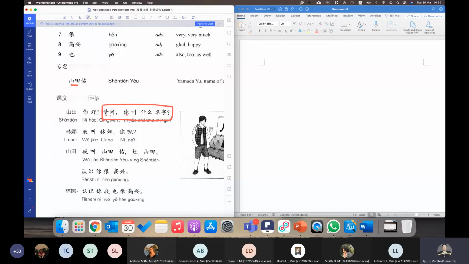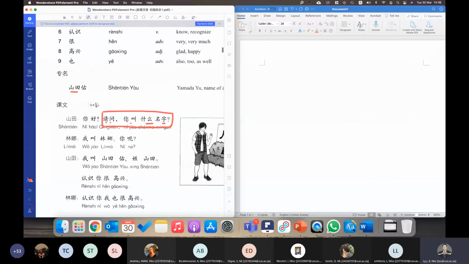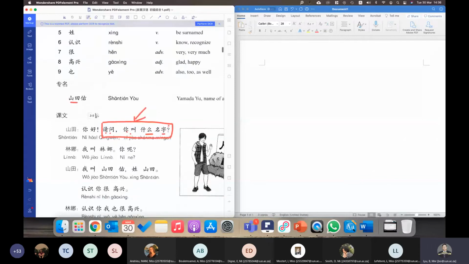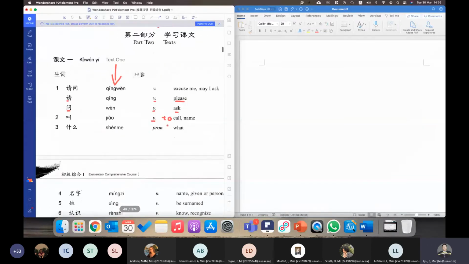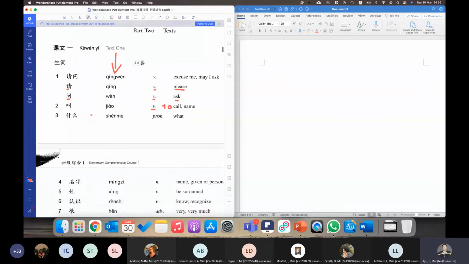May I ask, you call what name? For the easiest way to understand, it may make more sense as what name you are called if you think in that way. But I just need to put a note there. It is not a passive. It is a common expression.